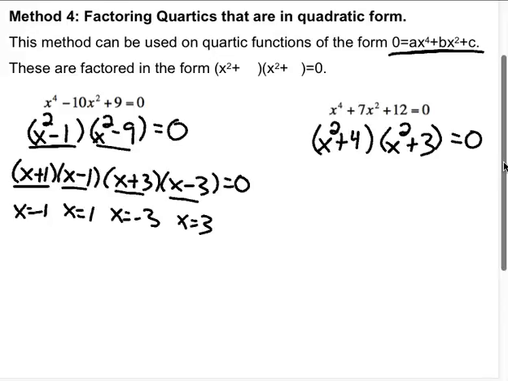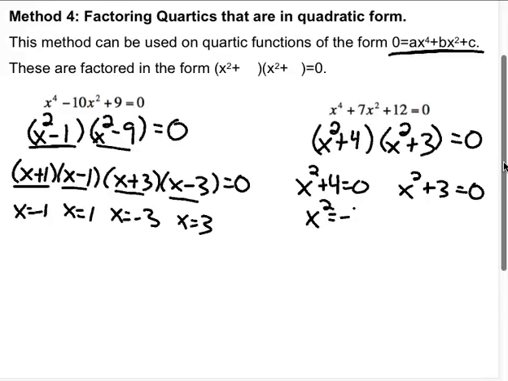Now, neither of these factor again, so I can't do that secondary method that I just showed you on the first one, right? This one, literally all you can do is set each piece equal to 0 and solve from there.